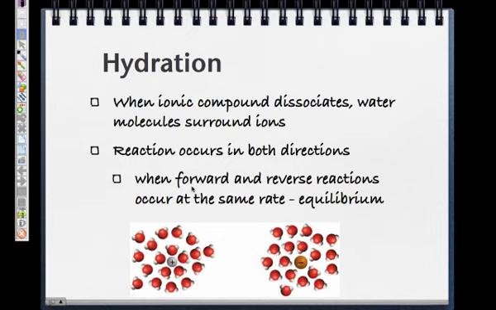Hydration is when ionic compounds dissociate, meaning they split apart into their ions, and the water molecules then surround those ions and pull them apart because water is polar. It has a positive and negative end.